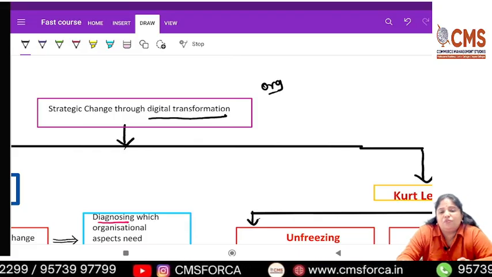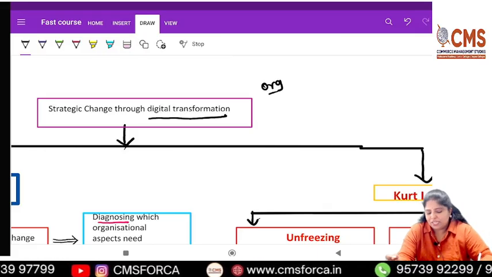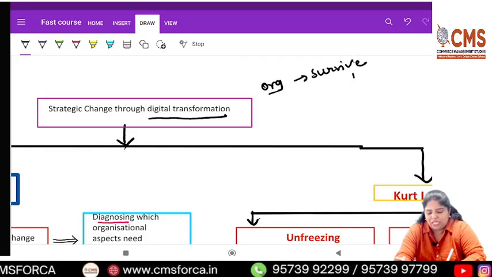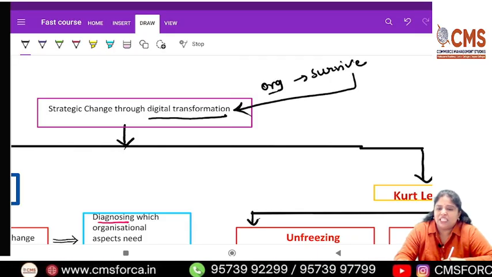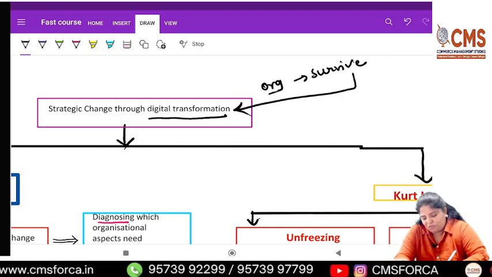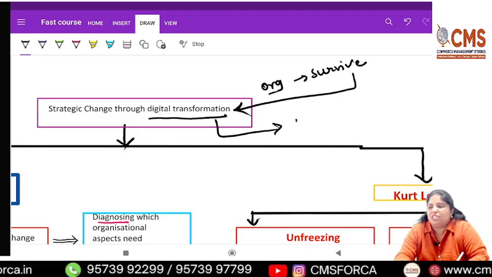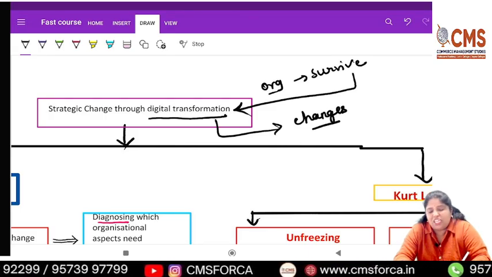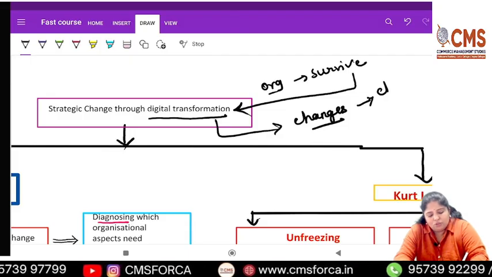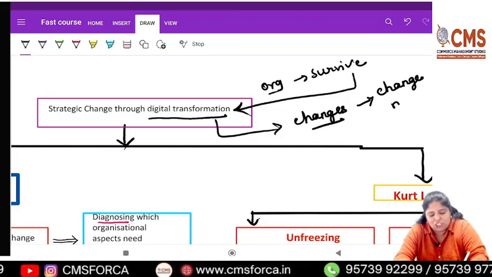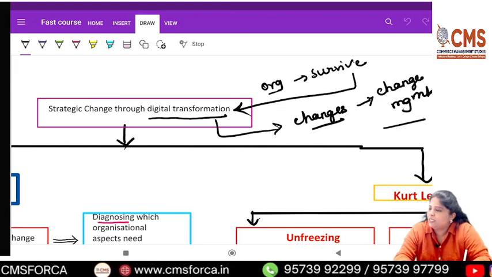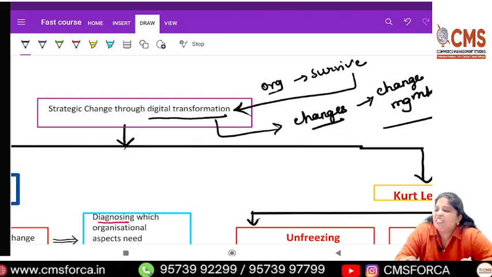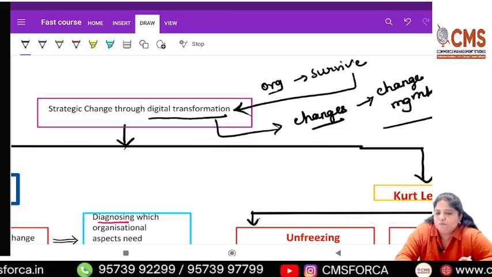So organizations have to survive, and for survival they have to go for digital transformation. And we also know that digital transformation demands a lot of changes, and if you want your change to be successful, you need proper change management methodologies. If the change is not properly managed, your change will never meet its purpose.